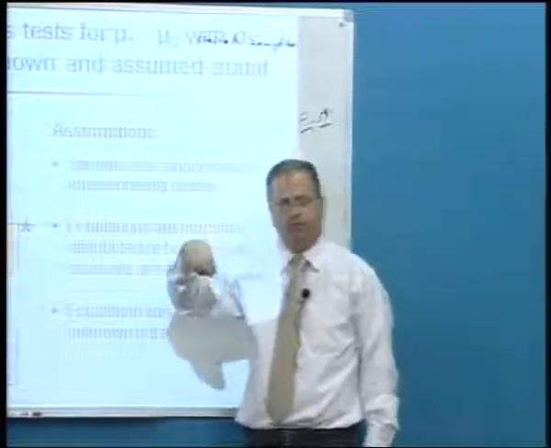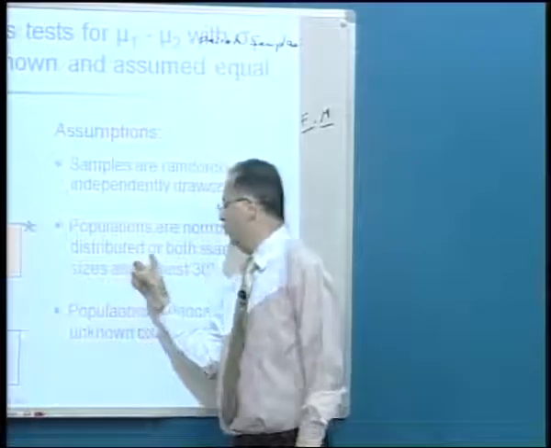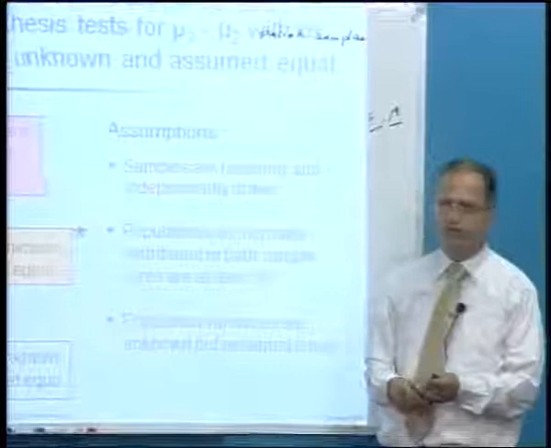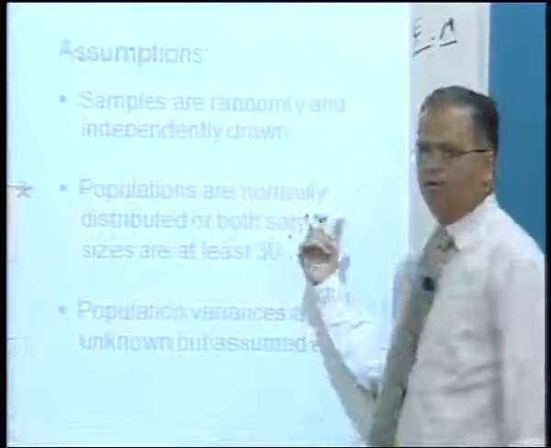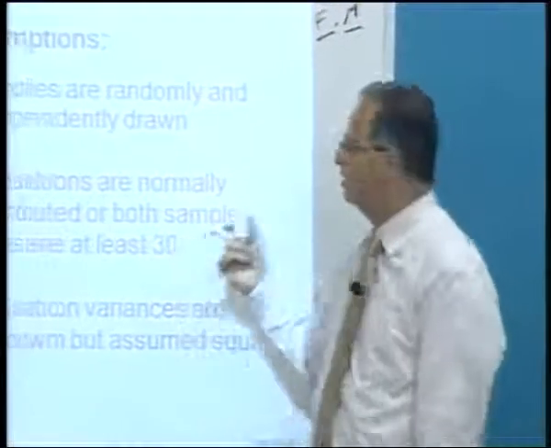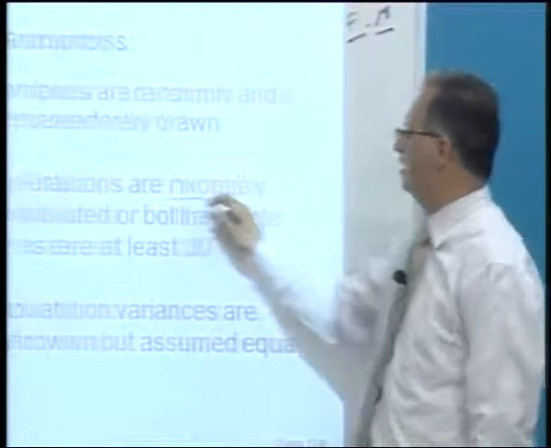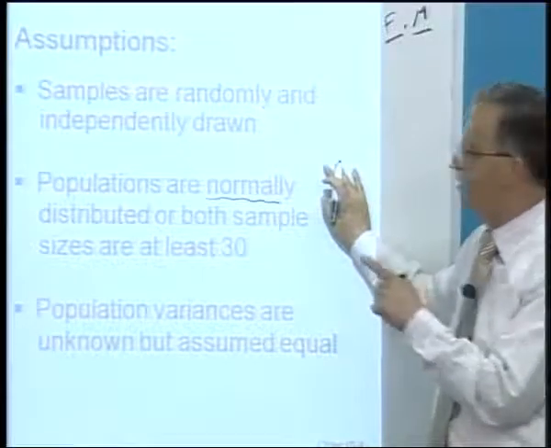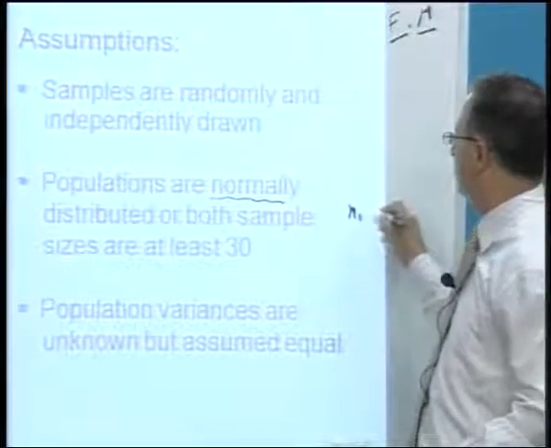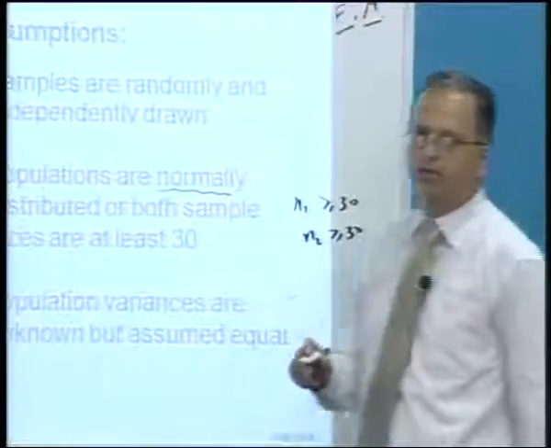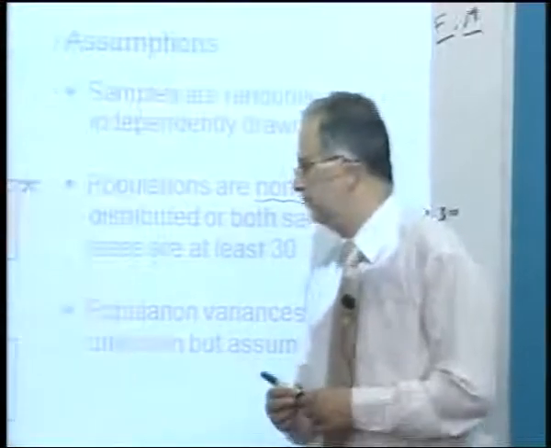So we have to assume the population is normal, or both sample sizes are at least 30, in order to apply the central limit theorem, similar to the one we had discussed. So either both populations are normally distributed, or both sample sizes are greater than or equal to 30.